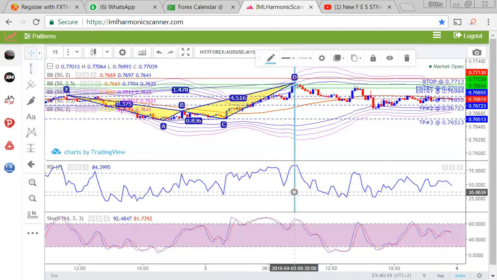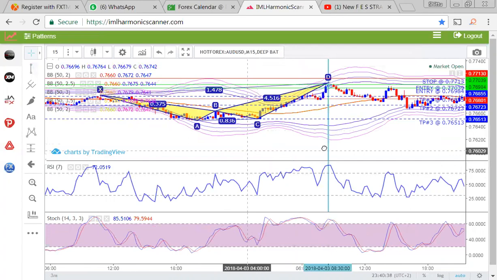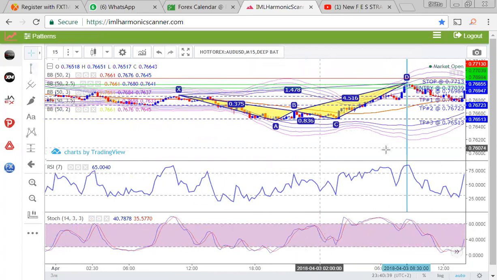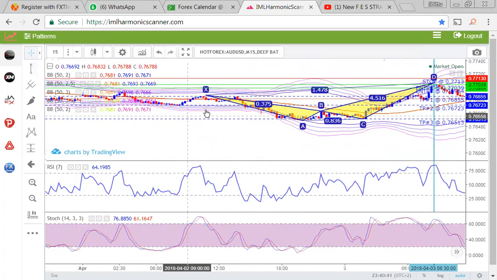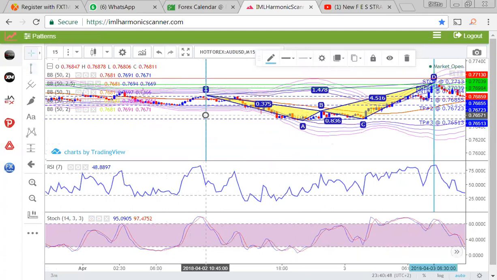Now I'll go to my X candle. This is my X candle. So I'll drop my line on it also. X candle. Then I trace it to my RSI where they touch. Now look at this region well. This region where I am in.